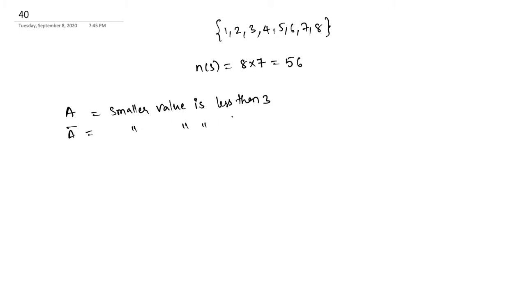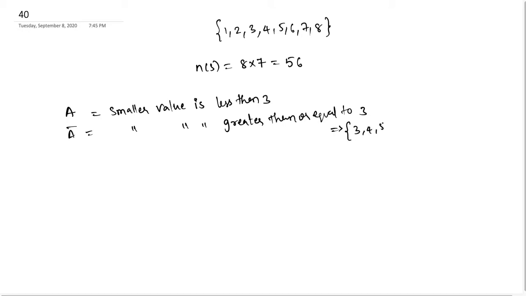Smaller value is greater than or equal to 3. So corresponding to this, the numbers have to be from the set 3, 4, 5, 6, 7, 8.